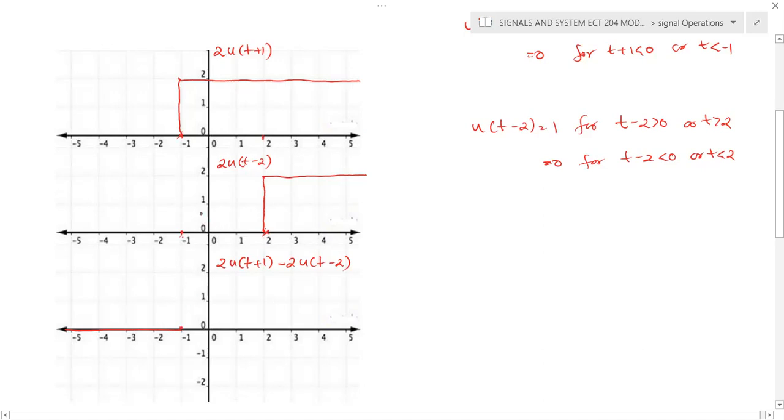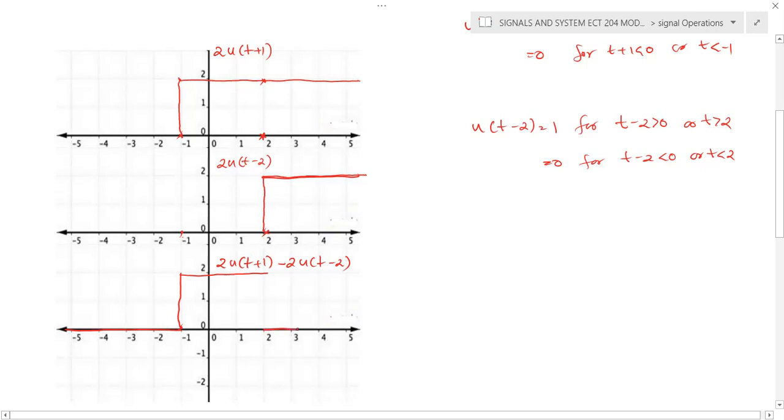So if you perform 2 minus 0, you will get 2. So for this particular limit, from minus 1 to 2, the signal magnitude is 2. Now from the point 2 onwards, the signal magnitude is 2 here, and here also it is 2. Okay. So from 2 onwards, it is 2 minus 2.